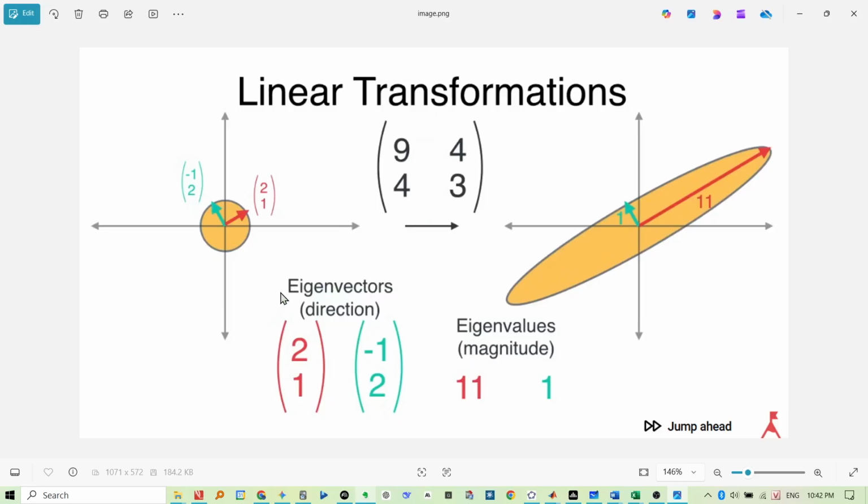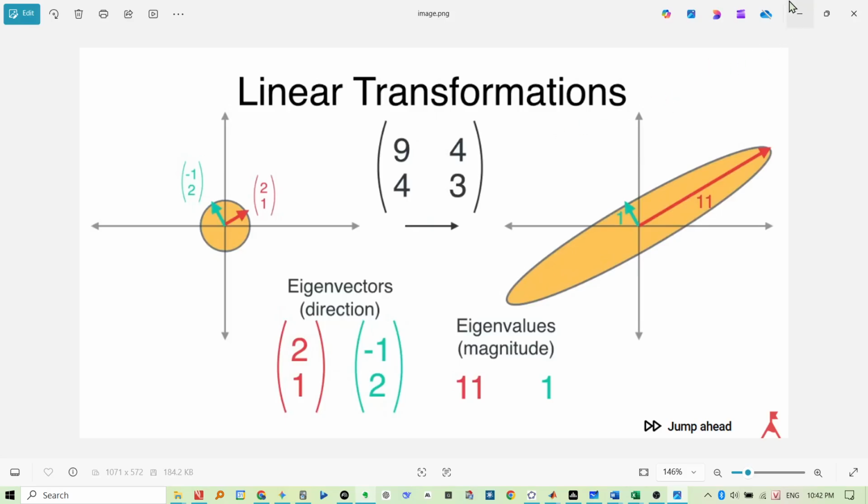The eigenvectors determine in which direction this circle will be stretched, and the eigenvalues determine the intensity of that stretching. 11 means more stretching, and 1 means less stretching. You can see.